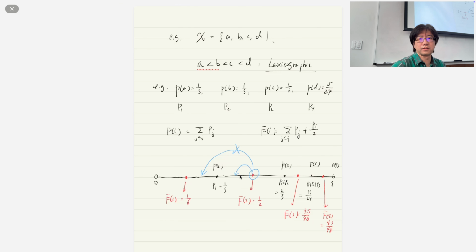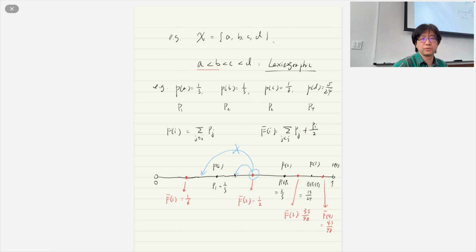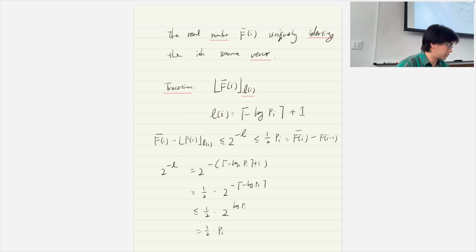So that is basically this minus that, right? Here is F-bar(x2), and this is F(x1), okay? And then we can show that the truncation error is totally okay. We're not so bad, so we can make sure that this point after truncation is bigger than this, okay? And by this inequality.